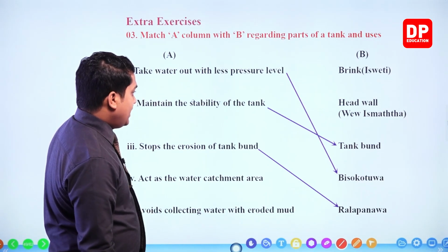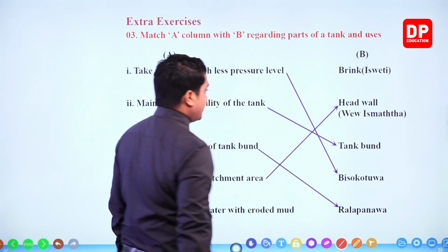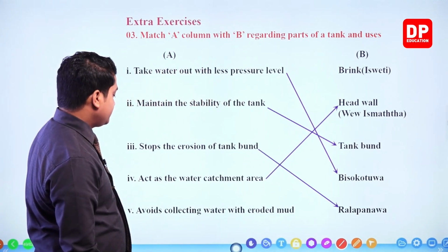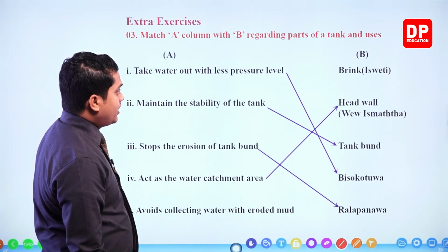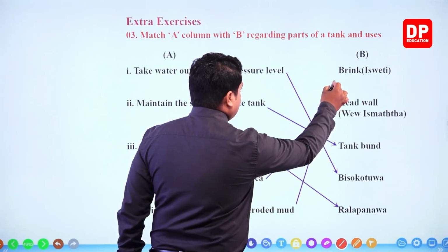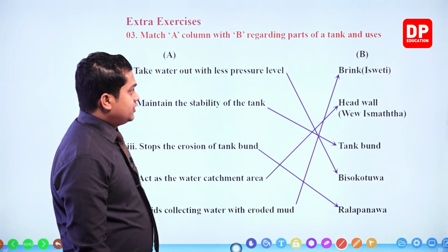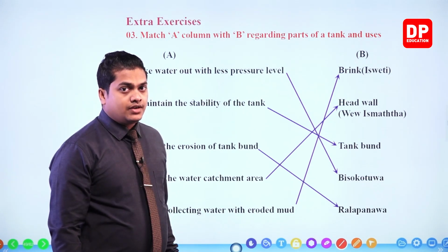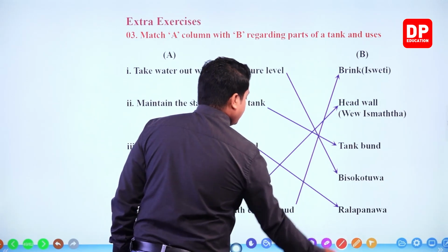So the head wall or the valve ismath is the one which acts as the water catchment area. Next, avoids collecting water with eroded mud, brink or isvati. Right. So these are the answers for the functions of different parts contained within a tank. Okay then, let's head on to see the next question.